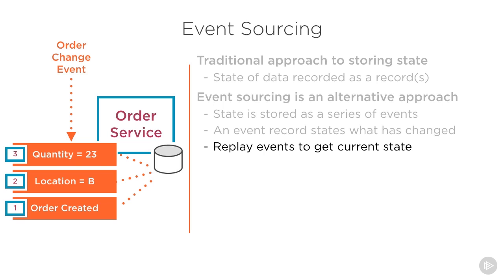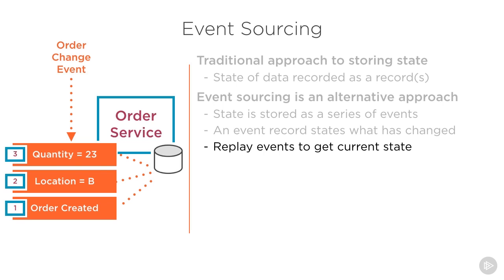And in order to get the entire current state of an entity, you have to replay all the event records in the correct order. So on our order service diagram here, we have a series of events which are stored for an order. The first event basically says the order was created, and will have the state for when the order was created. But every subsequent event record basically details exactly what has changed.